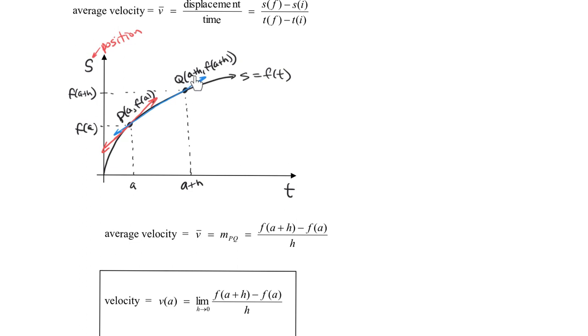And just like before, a plus h minus a ends up with just h. So we keep using the slope formula. Even this up here is the slope formula. If we just label this differently, we'll get the same thing here. This is the slope formula, this is the slope formula, and they both will give us average velocity.